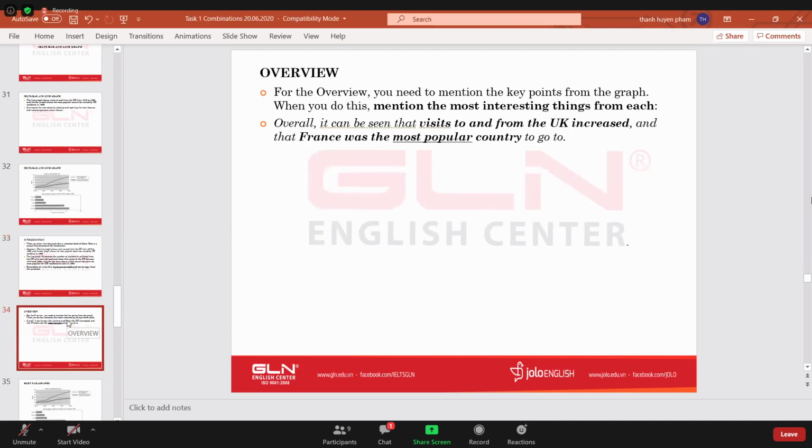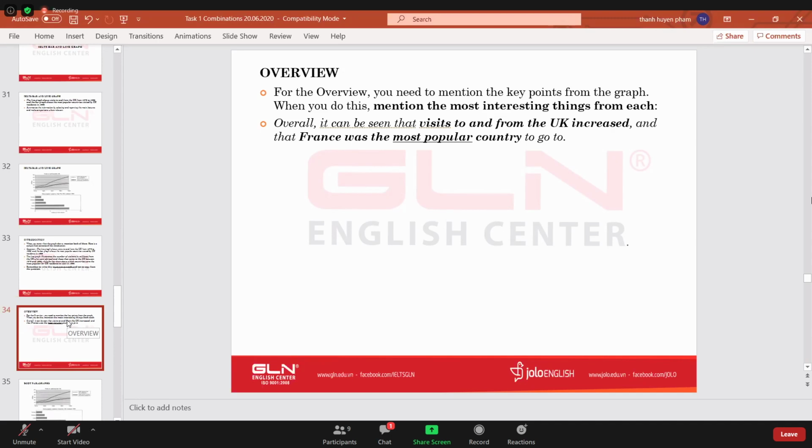Let's have a look at the overview. So the overview for this actually is fairly simple. So for the overview, you need to mention the key points from the graph. So when you do this, mention the most interesting things from each. So overall, it can be seen that visits to and from the UK increased, and that France was the most popular country to go to.